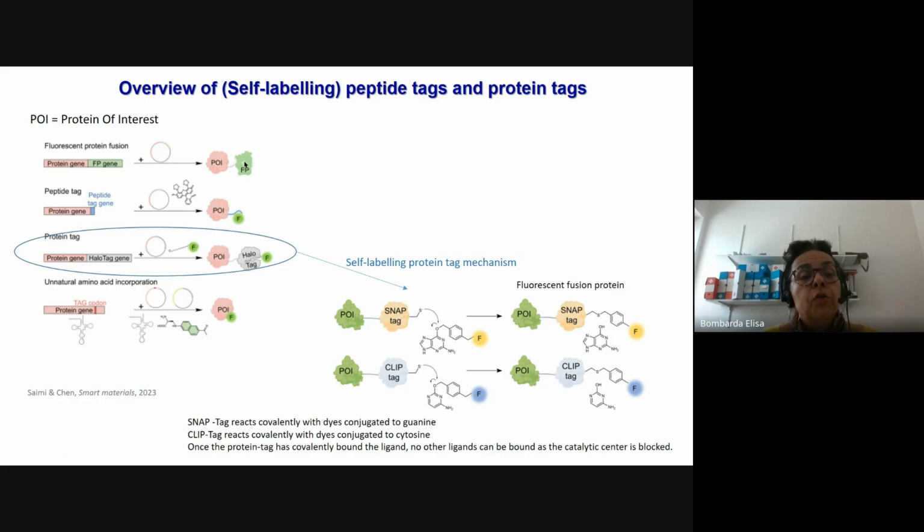So we create a plasmid where the gene of the fluorescence protein is fused, and then the both proteins are together. One is the protein of interest, and the other is the fluorescence protein, to visualize it.